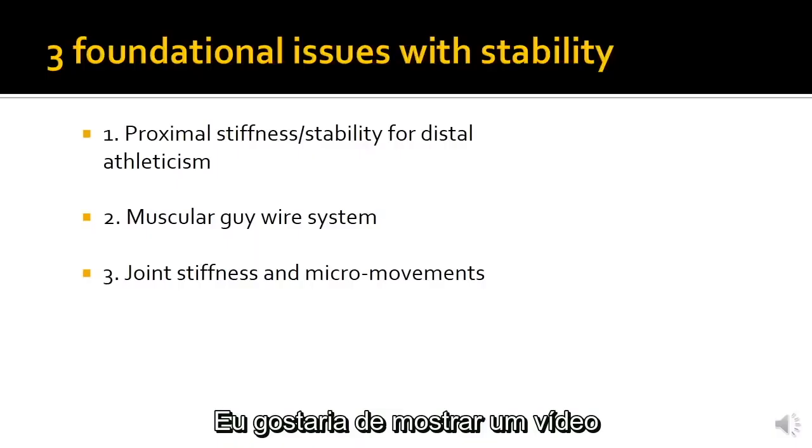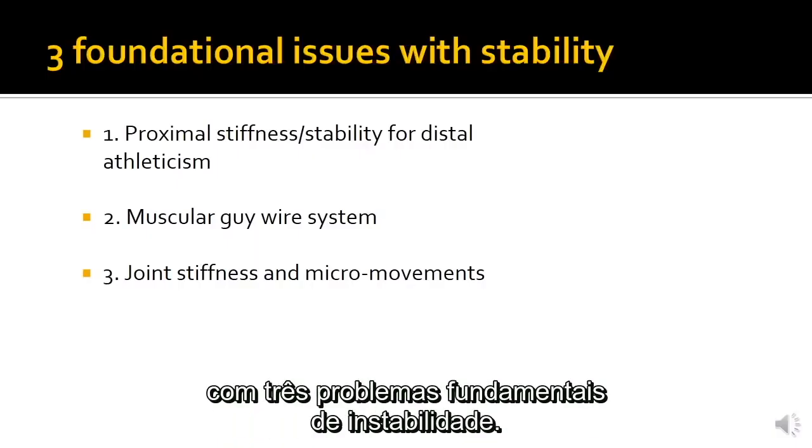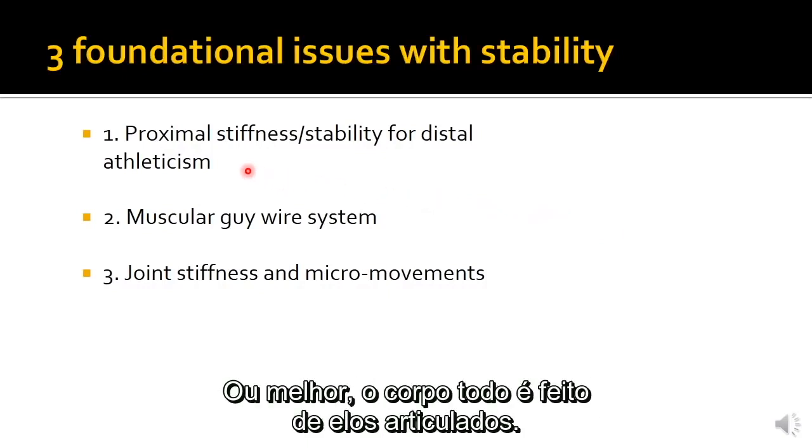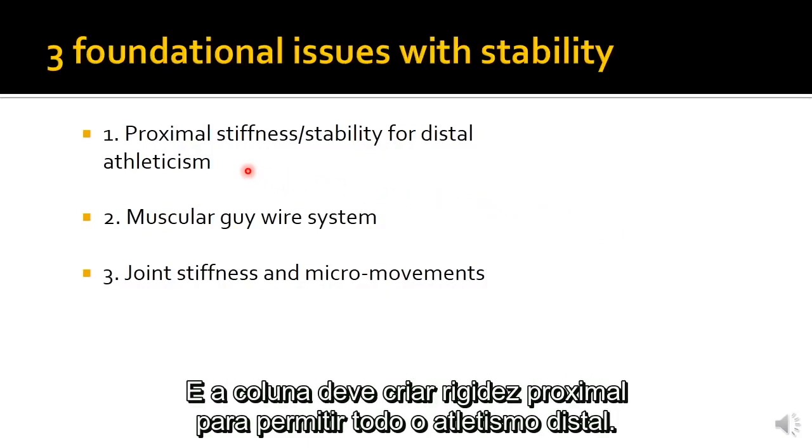Well, I'd like to show a video now with 3 foundational issues with stability. And the first one is the whole body is actually an articulated linkage, and the spine must create proximal stiffness to allow all distal athleticism.